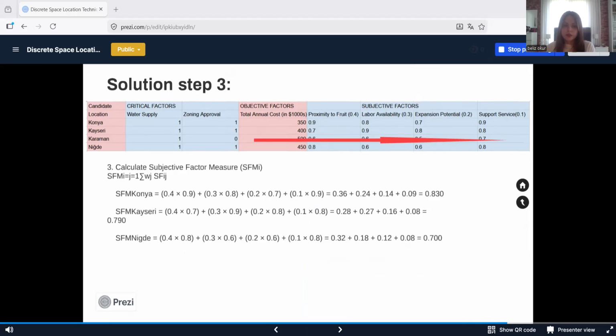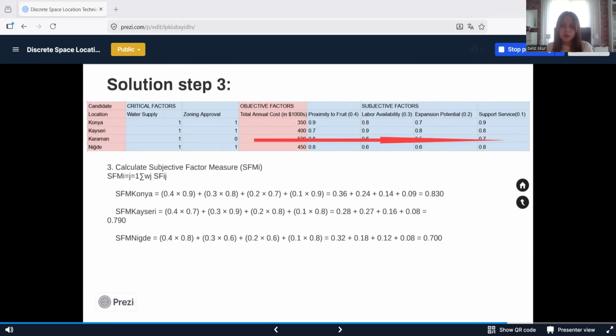Step 3 is dealing with the subjective factors. These look exactly like the factor rating method we did earlier in the video. We take the weight of each factor, like 0.4 for proximity to food, and multiply it by the city score for the factor.